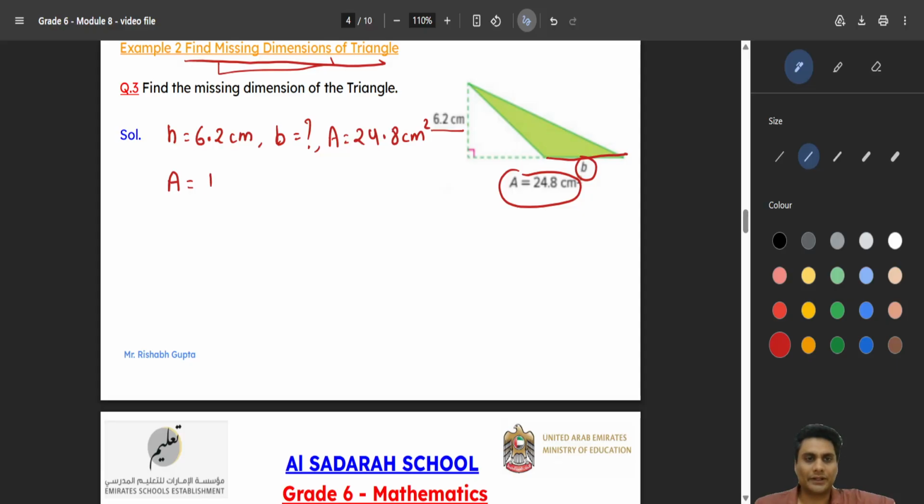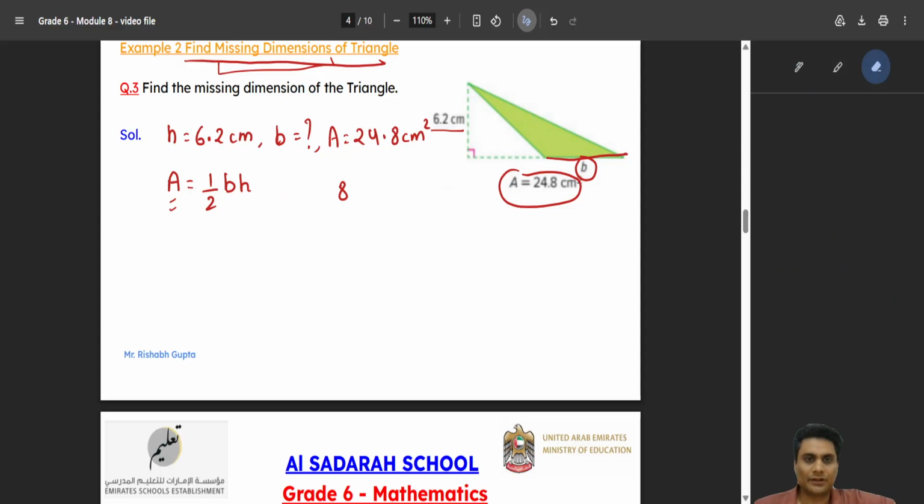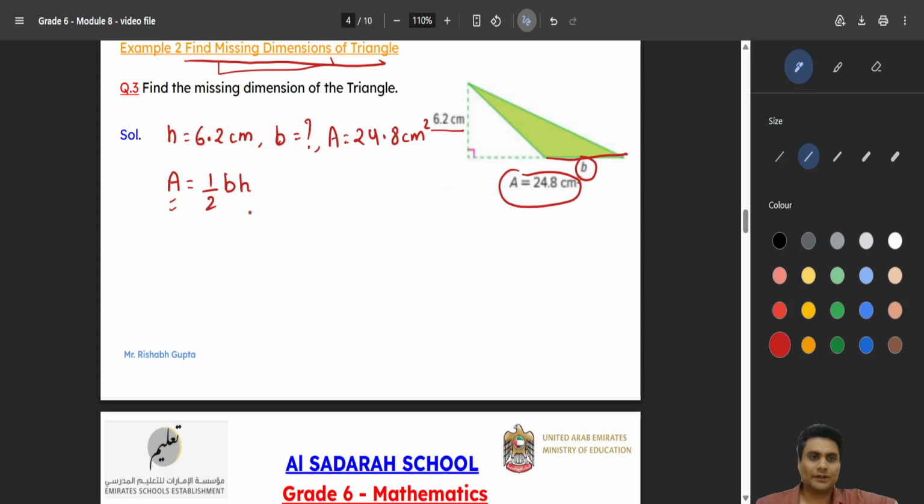Now, because we are talking about a triangle, we will use the area formula of a triangle: half base into height. Area is how much? 24.8. So let me write it down: 24.8 equals half. Base is not given, so let's take it B only.